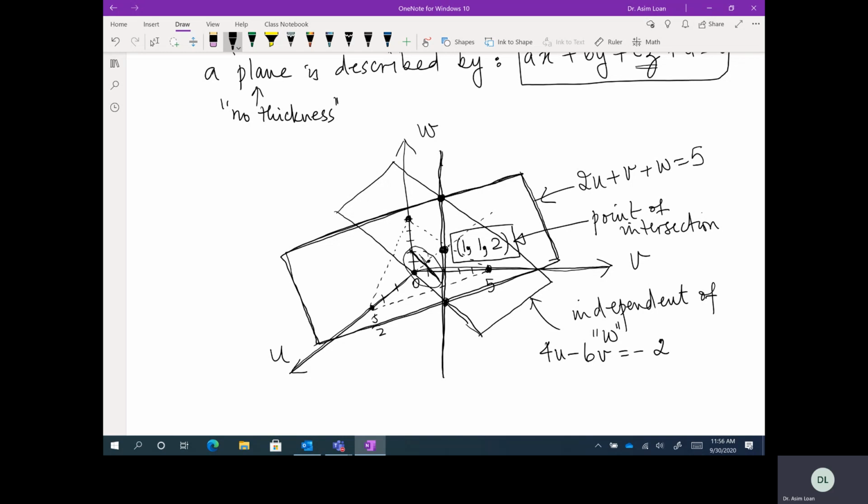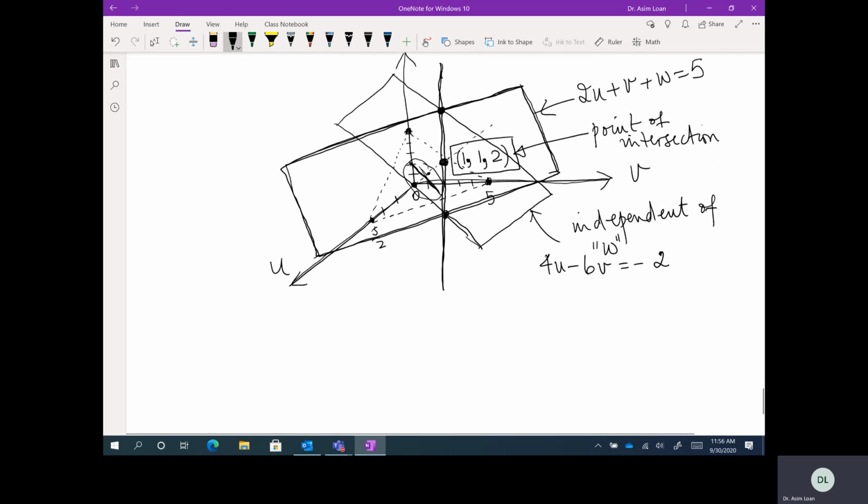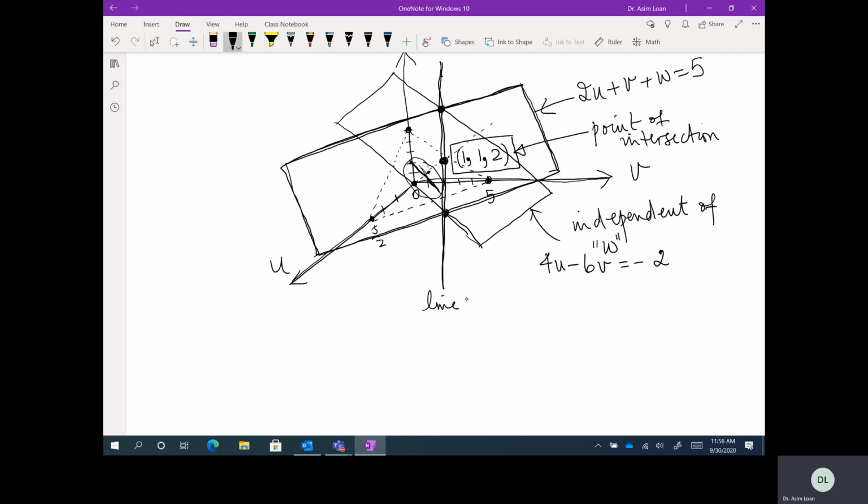So this is the line of intersection of the first two planes.